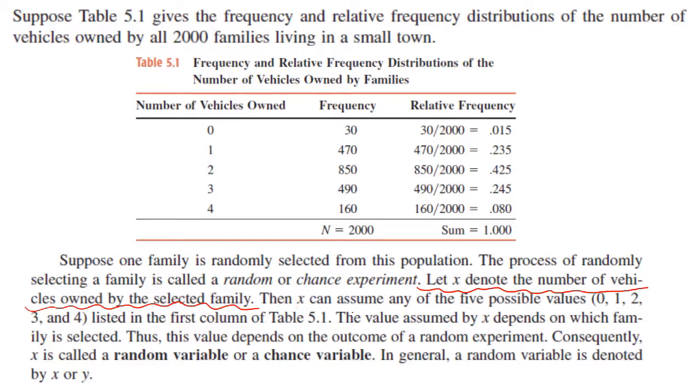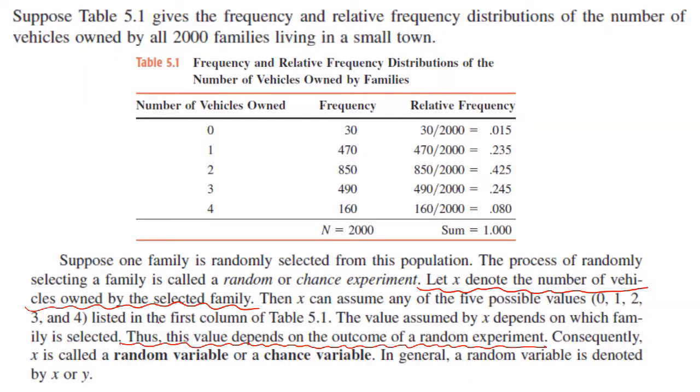Then X can assume any of the 5 possible values, 0, 1, 2, 3, 4, listed in the first column of the above table. The value assumed by X depends on which family is selected. Thus, this value depends on the outcome of an experiment. Okay, pay attention to this sentence. This value depends on the outcome of an experiment.